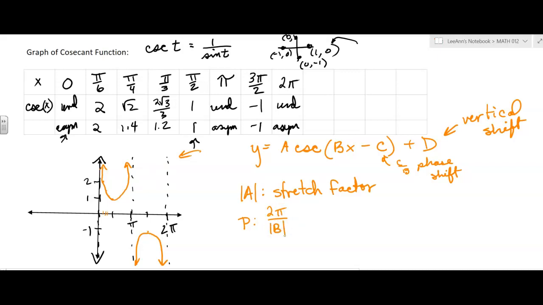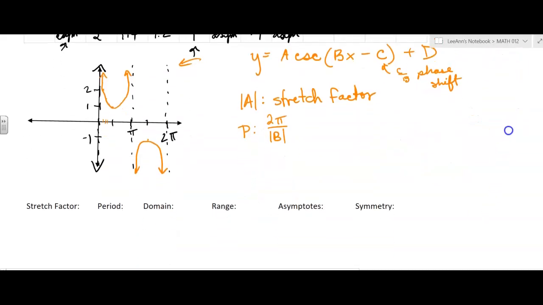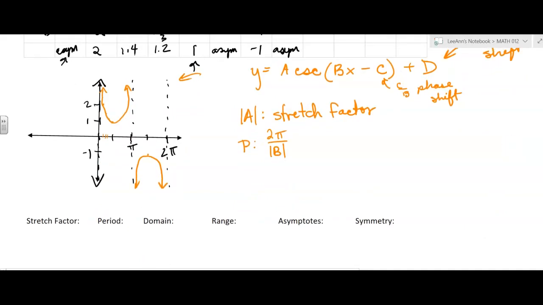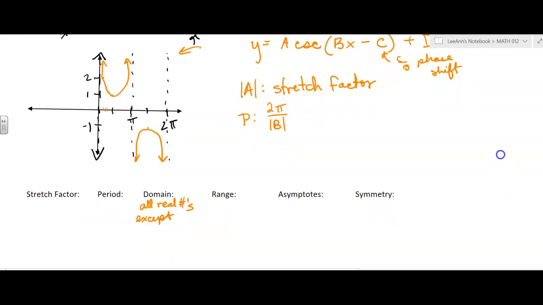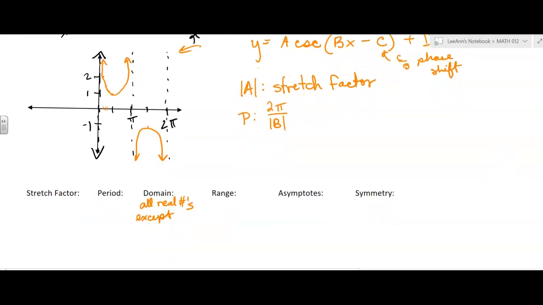Okay. Now, if we want to talk about the domain, it's all real numbers except where the asymptotes are. Now this time, the asymptotes are at every unit of pi. Pi, 2 pi, 3 pi, 4 pi, 5 pi, and in the other direction, negative pi, negative 2 pi, and so on.